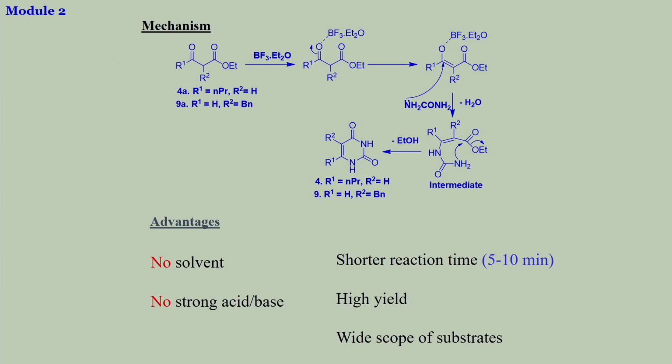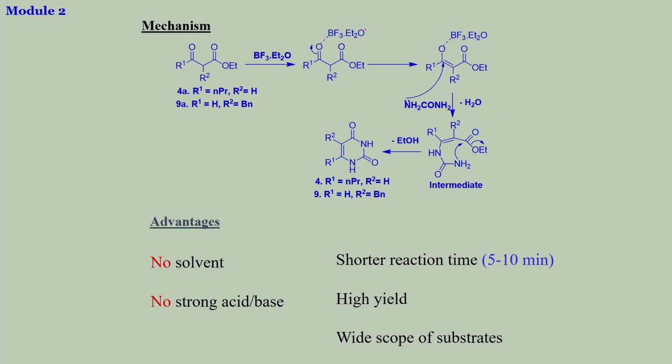This is the mechanism of this reaction, which is quite important actually. As I have shown earlier, when you use a strong acid, it activates the carbonyl compound. In this case also, the use of BF3 as the Lewis acid will activate this carbonyl group. The ester will remain intact, and the carbonyl will be better activated, more prone to activation by the Lewis acid.